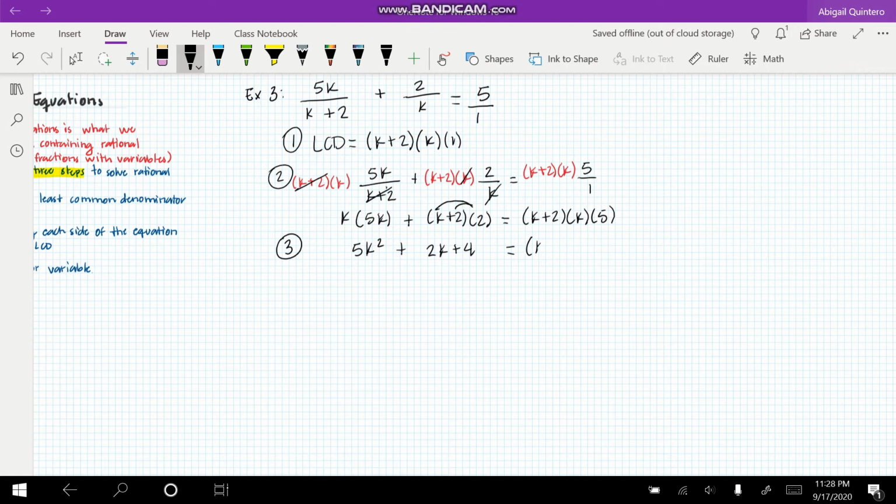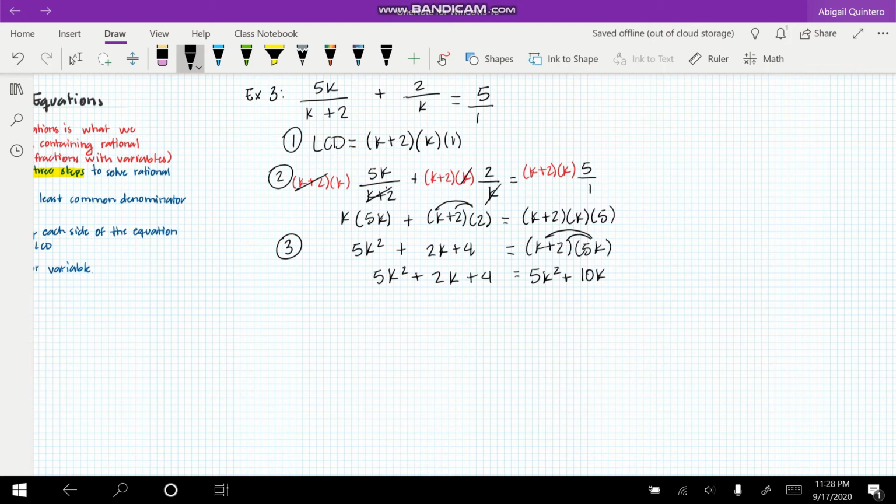So I'm going to say k plus 2 times 5k, and then the 5k will be distributed, so it's going to become 5k to the second power plus 10k, and then on the other side we have 5k to the second power plus 2k plus 4.